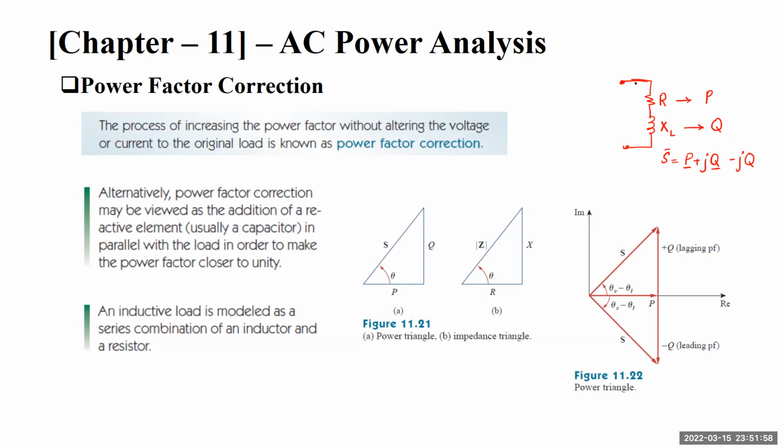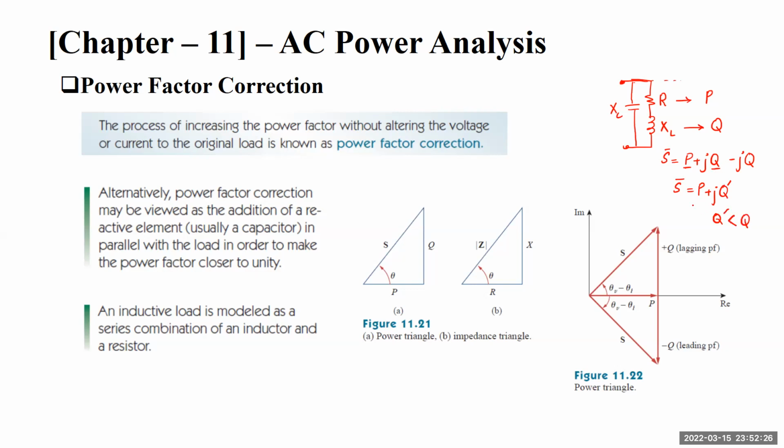That is done by adding a capacitor, or a capacitive load, in parallel to this load, with reactance XC. So overall, S becomes P plus jQ dash, and this Q dash is less than the actual Q.